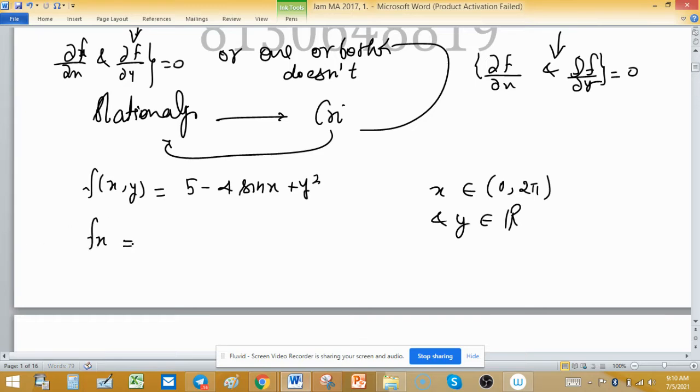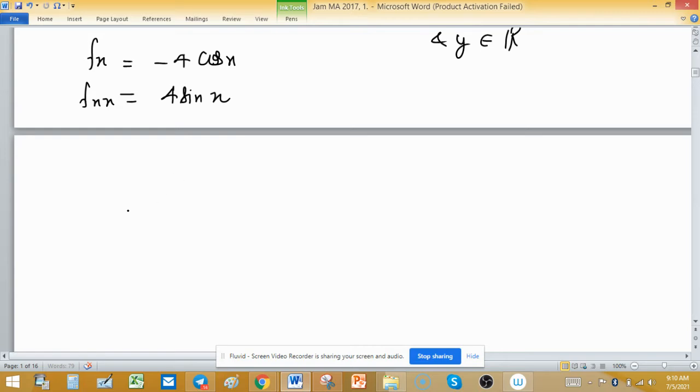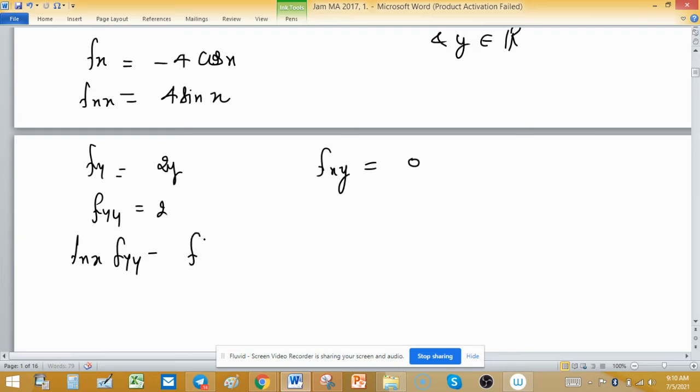So fx will be minus 4 cos x, fxx will be plus 4 sin x, fy will be 2y, and fyy will be 2. Similarly, fxy will be 0. So we have calculated the required partial derivatives.